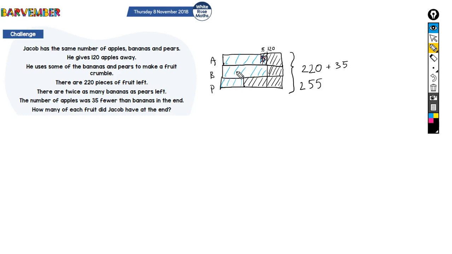So we know that bananas was twice pears, so these are all equal size parts. And this equal part is including that bit there. So 255, I need to divide that by 1, 2, 3, 4, 5. 255 divided by 5 gives me 51. So each of these is 51.